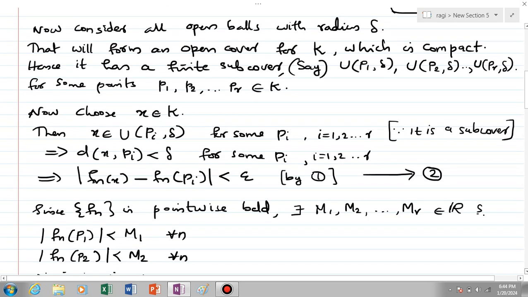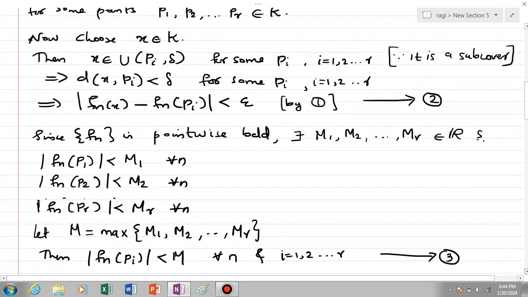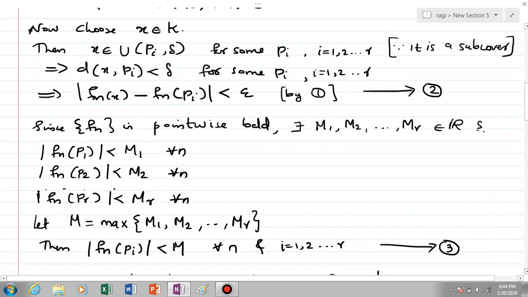And we know that the sequence f_n is pointwise bounded, and so for these elements also, p1, p2, etc., pr, which are also elements of K, f_n is pointwise bounded. So there exist natural numbers or real numbers m1, m2, etc., mr, such that modulus of f_n(p1) is less than m1 for every n, and modulus of f_n(p2) is less than m2 for every n, etc. Modulus of f_n(pr) is less than mr for every n.